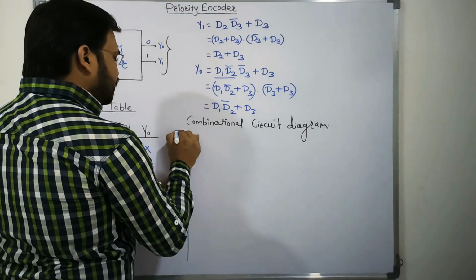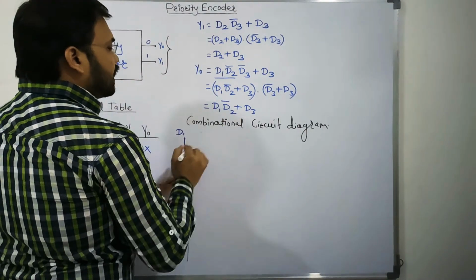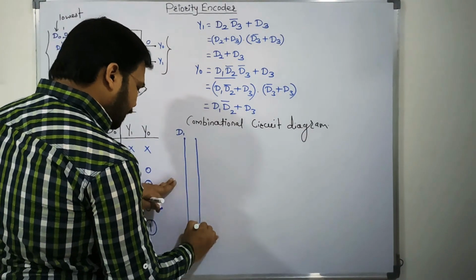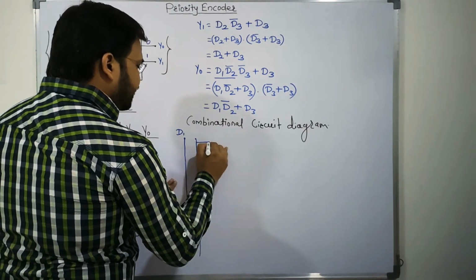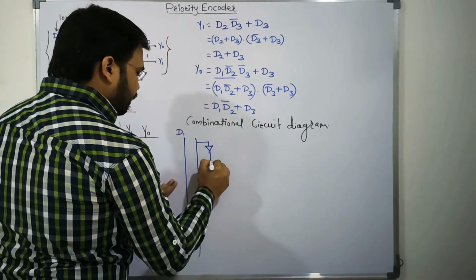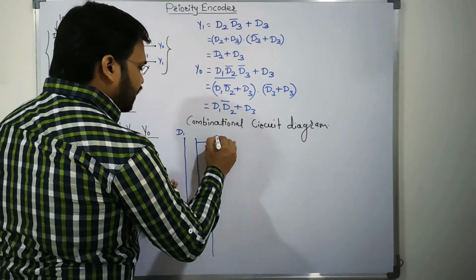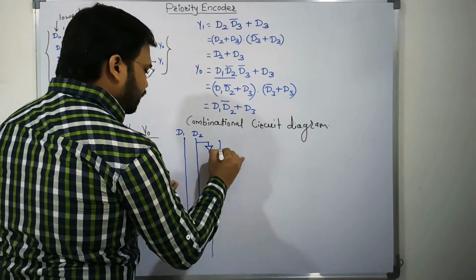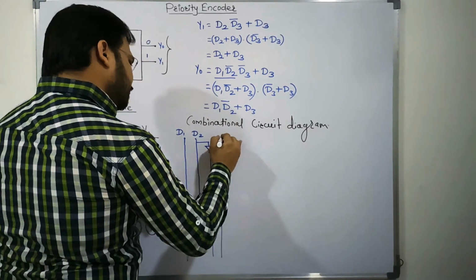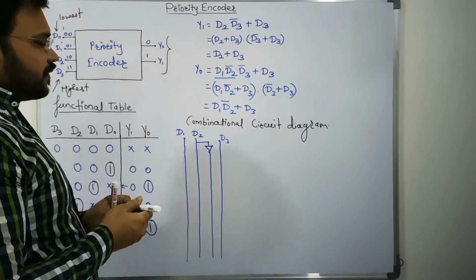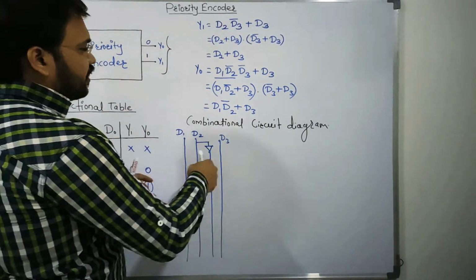Next is D2, D2 bar and D3. In this way we can draw the input lines.